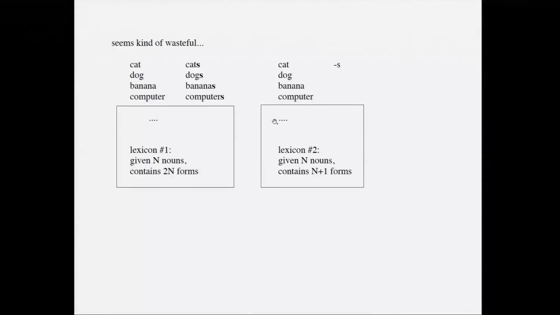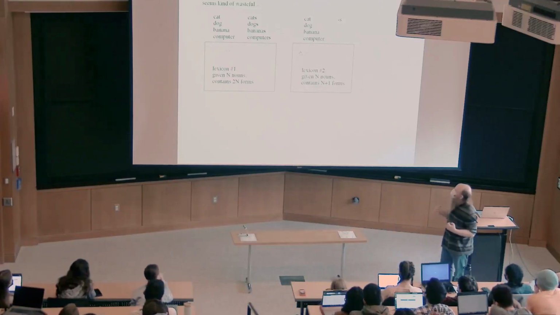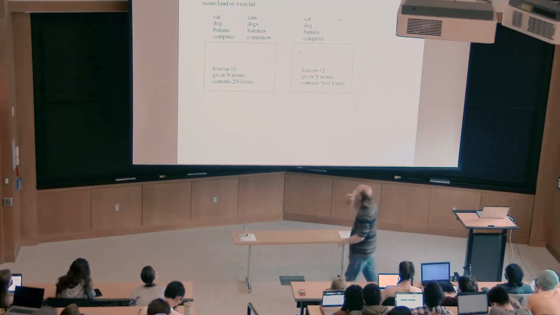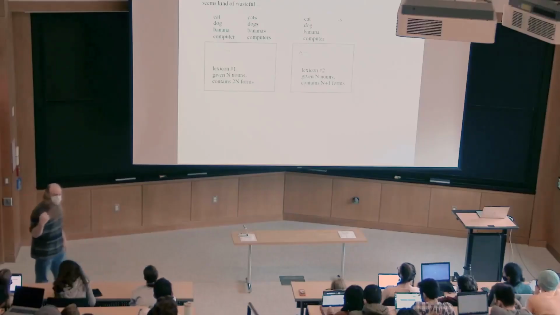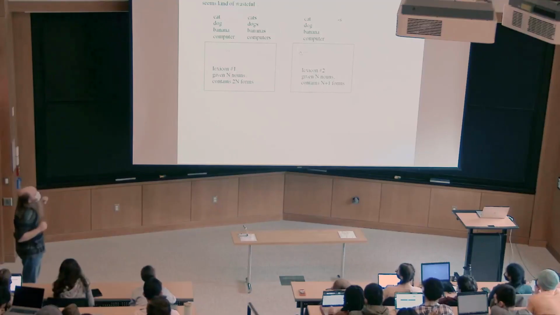And they both refer to groups of things, one of them just one of those things, another more than one of those things, that are furry and chase mice and chase laser pointers. And moreover, the difference between them has to do with this S that's at the end, and we see pairs of words that have that S at the end in lots of places. It's not just cat and cats, it's dog and dogs, and banana and bananas, and computer and computers. There's lots of things like that.